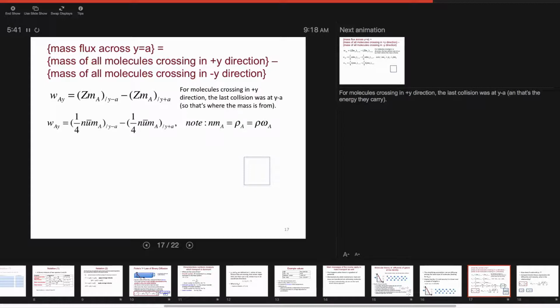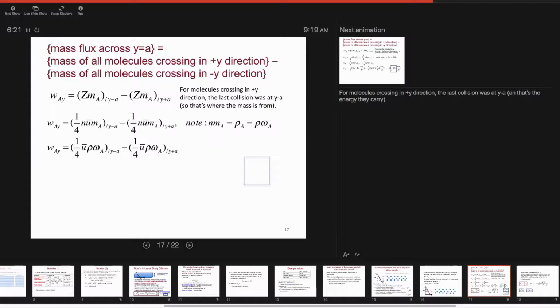When I multiply number of molecules per volume by the mass of each molecule, I'm going to actually get density. Number per volume times mass is my total mass divided by volume. In my rho A, I want to relate to omega A because I have an expression for omega A based on Taylor's formula. So I remember that rho A is rho omega A. And that's essentially what we need here for this derivation.